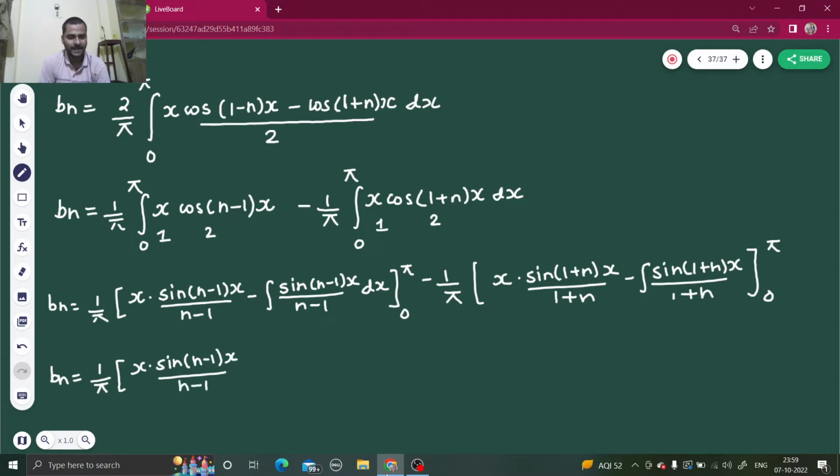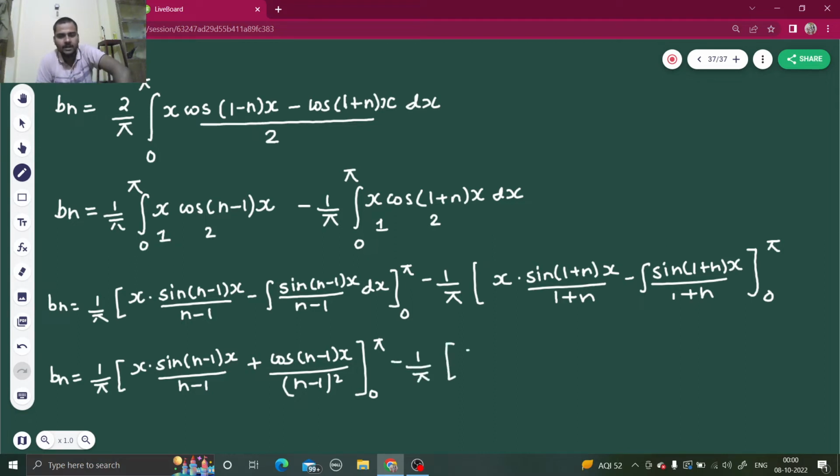Integration of sin is minus cos, so minus minus plus cos(n minus 1)x divided by (n minus 1) whole square, minus 1 by pi, x sin(1 plus n)x divided by (1 plus n).